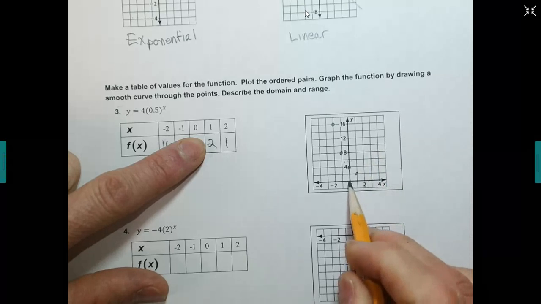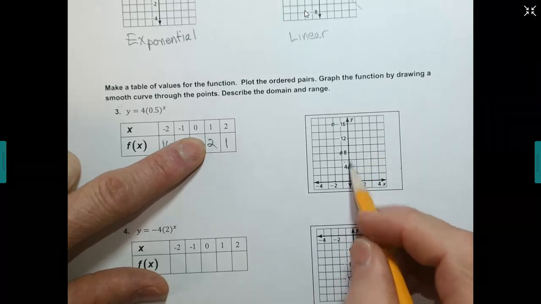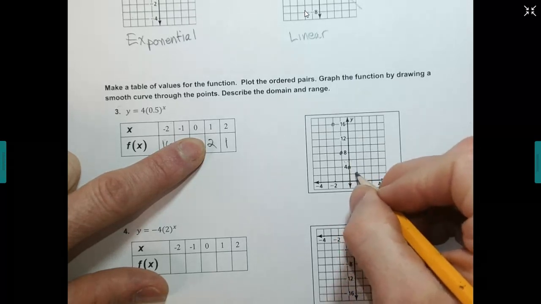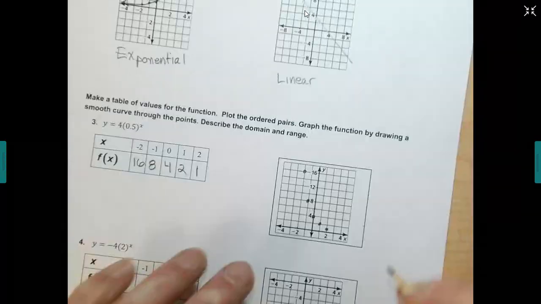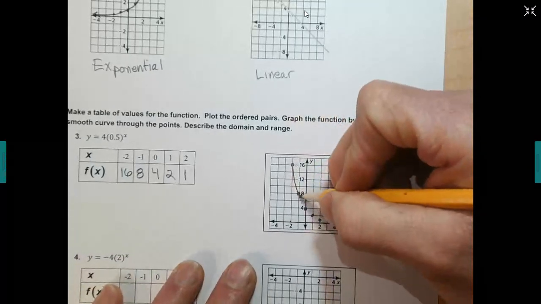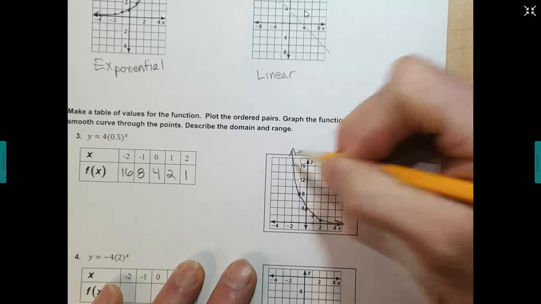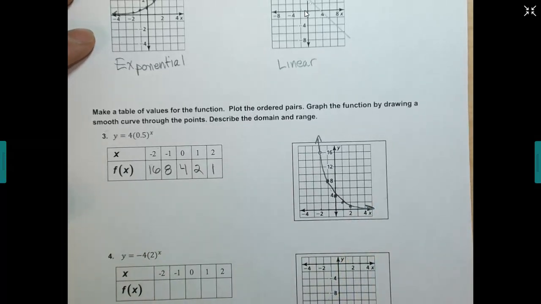Did you see how this goes by ones, 1, 2, 3, 4, and this one goes by twos, 2, 4, 6, 8? So that's why this is 1, 2, and then 2, 1. There's my exponential function. And what's my domain?